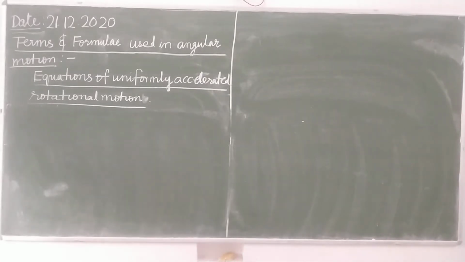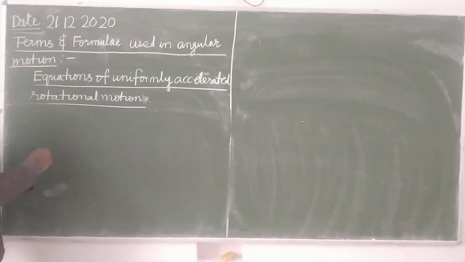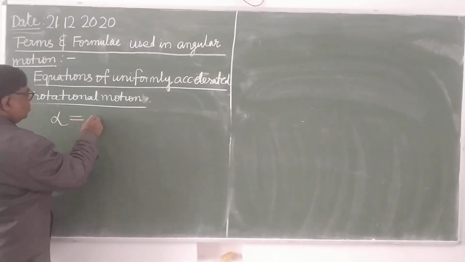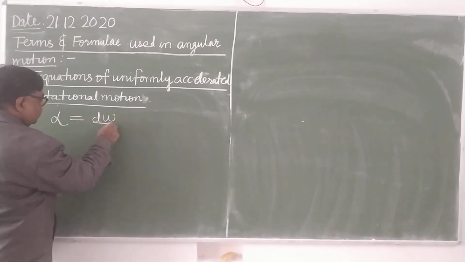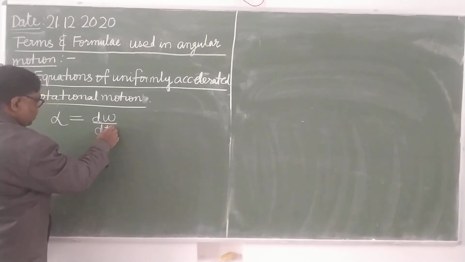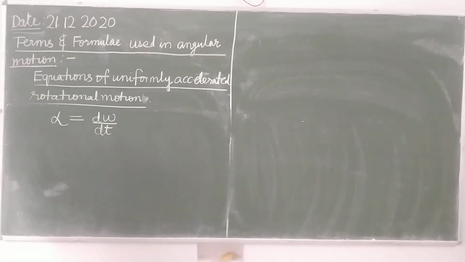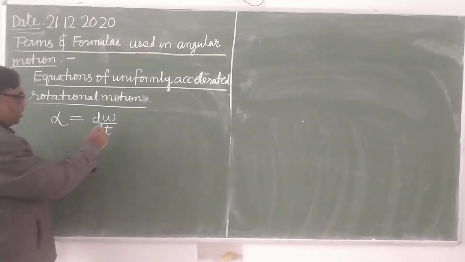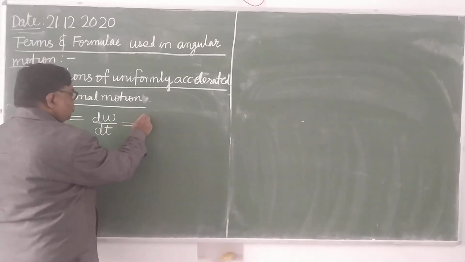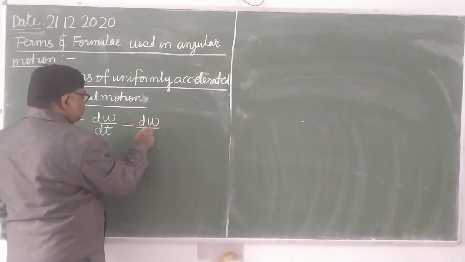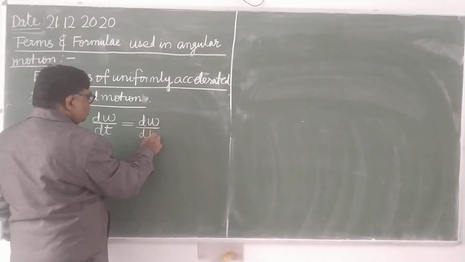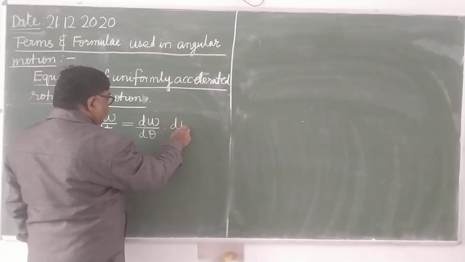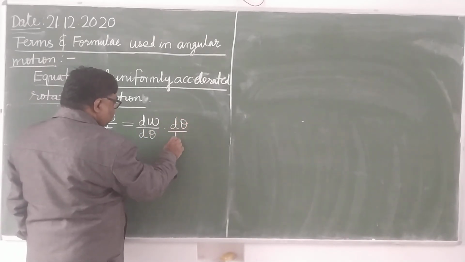Now we will see the derivation of the third equation. For the third equation, we will begin from alpha. Alpha equals d omega upon dt, the rate of change of angular velocity. Now we will rearrange the terms. So it will be d omega upon d theta into d theta upon dt.